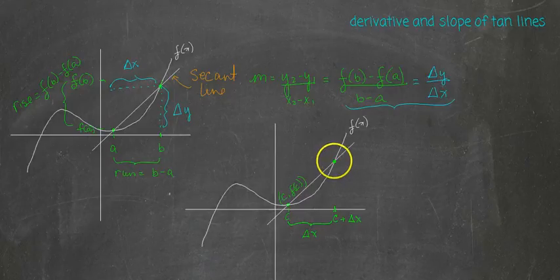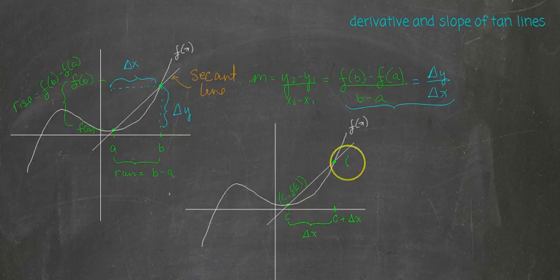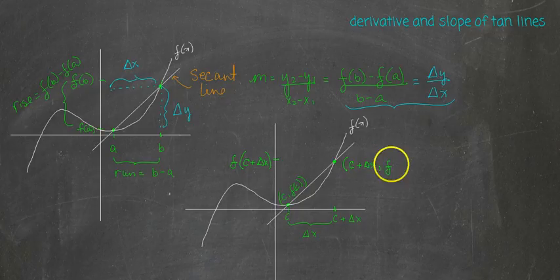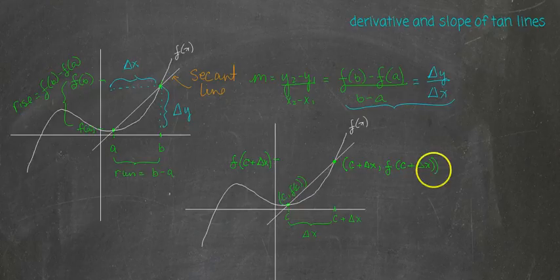Which means that for this point, the output, well, let's not do the ordinate yet. The output then would be f of c plus delta x. So I'd be able to write the function of this point, which is c plus delta x, right? So this coordinate would have this funny long point value, c plus delta x as my input value, and f of c plus delta x as my output value.